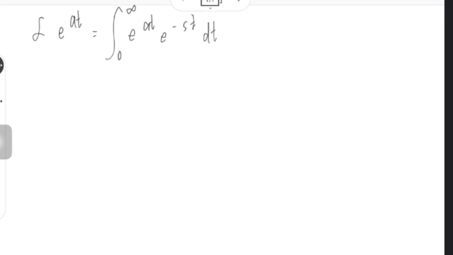They have the same base, so we can add the exponents. The integral from 0 to infinity, we have e to the what? With a as a constant, no? Anong kalalabasan? Factor out natin yung negative, so ito yung magiging s minus a to dt.